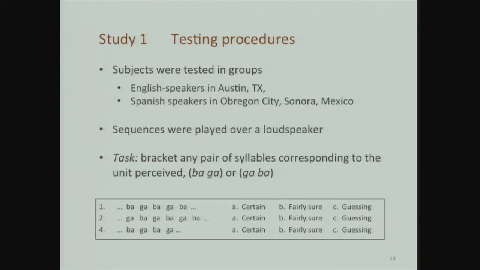So they were tested in groups, and sequences were played over a loudspeaker. And their task was they were given an answer sheet that looked a little bit like what you see at the bottom of the slide, where they had an arbitrary sequence of ba and ga syllables, and they were told, anywhere on the line, just bracket the pair that best represents what you think you're hearing: is the sequence repeating baga units or is it repeating gaba units?